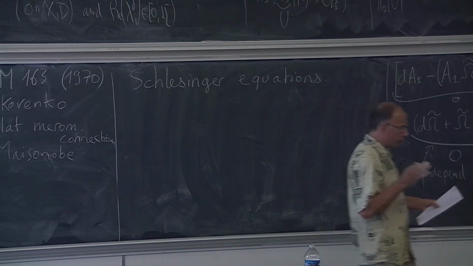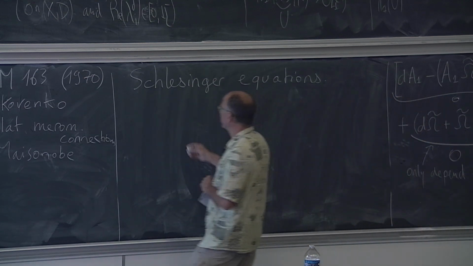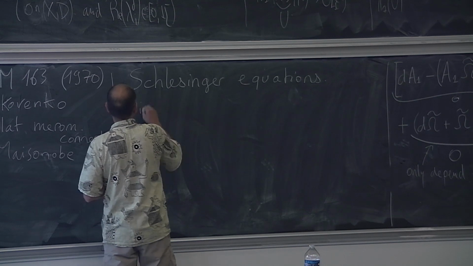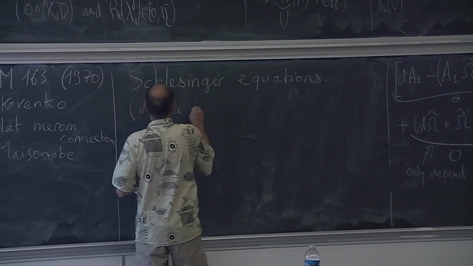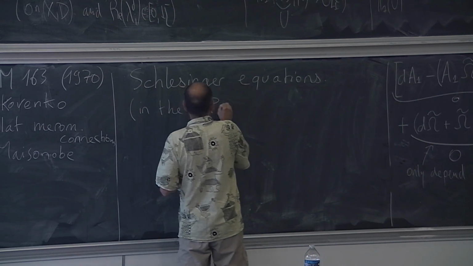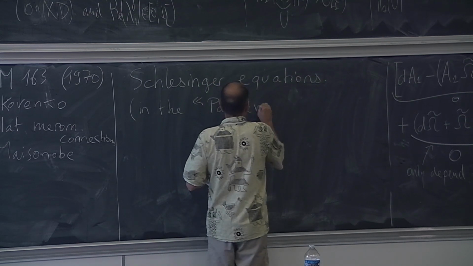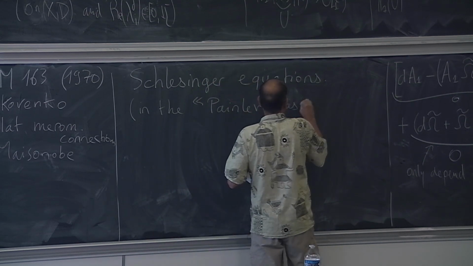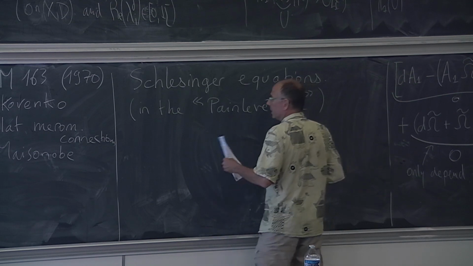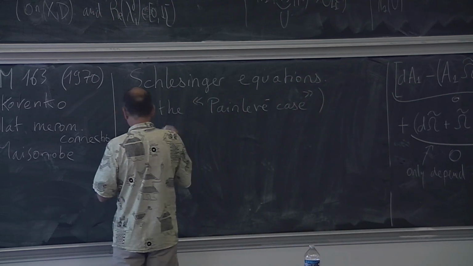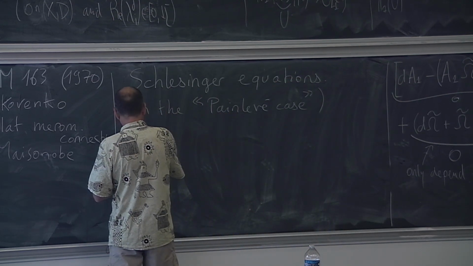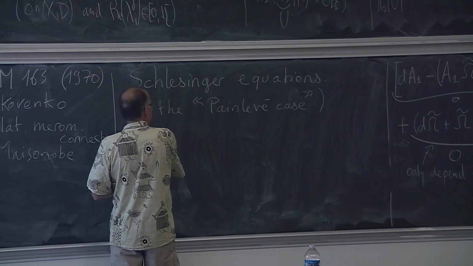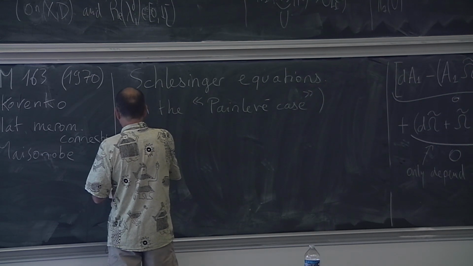So I go back to the very special situation, in the Painlevé case. But the proof is the same, but I want to keep my notation. So we were considering the following situation.